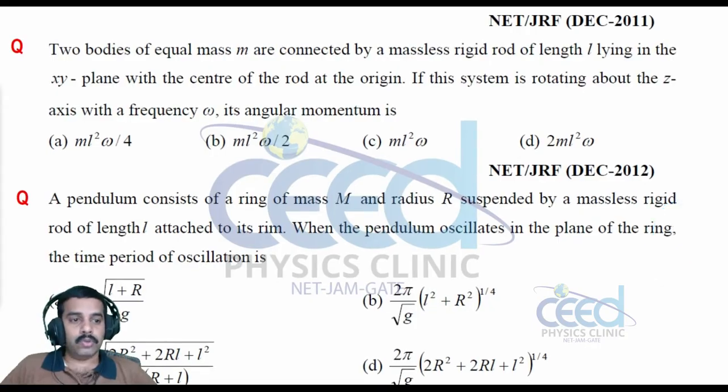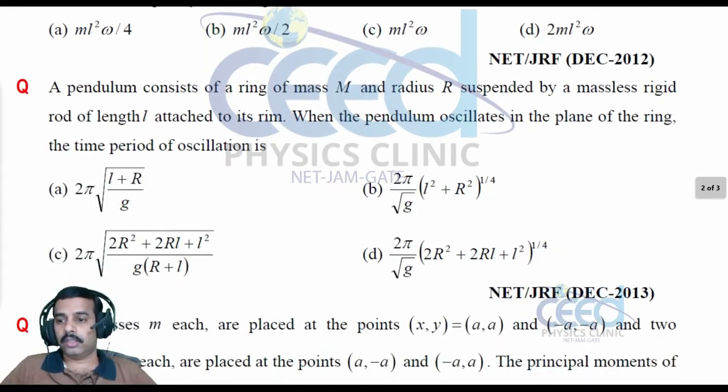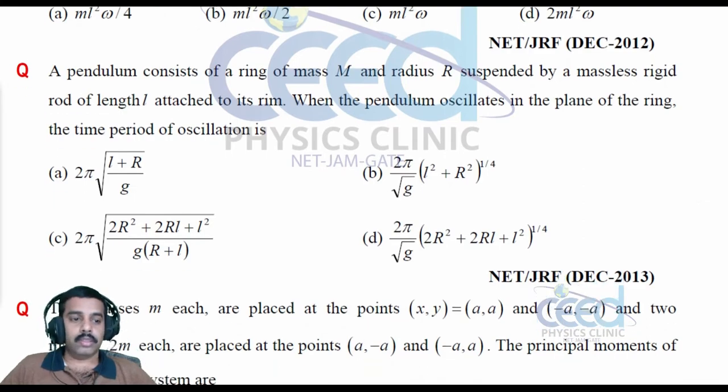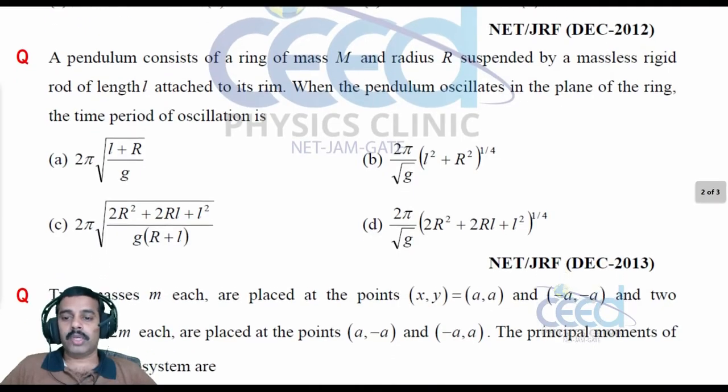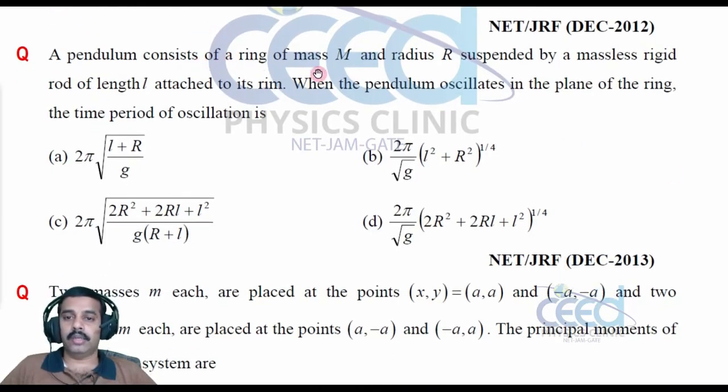And we have another question here. A pendulum consists of a ring of mass m and radius capital R suspended by a massless rigid rod of length L attached to the rim. When the pendulum oscillates in the plane of the ring, the time period of the oscillation is.